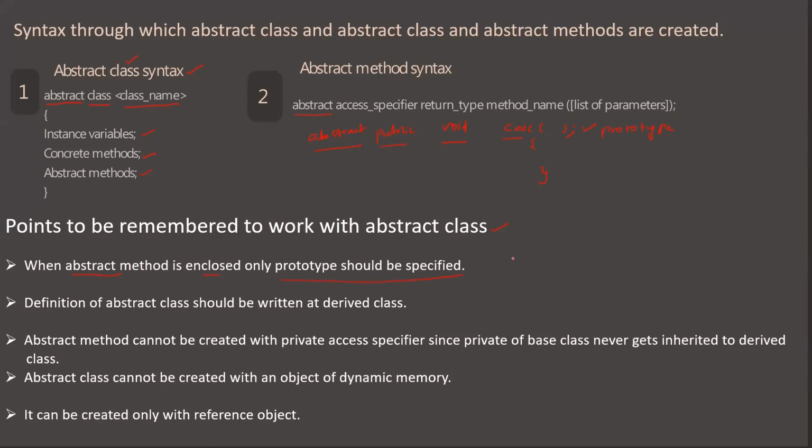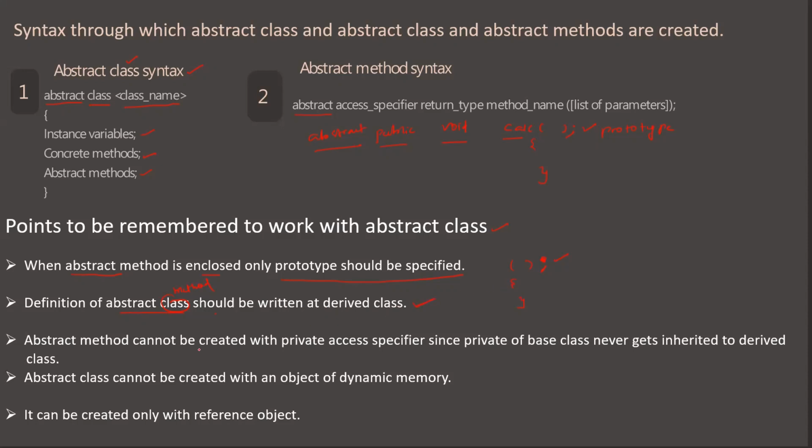As I said, you specify only the prototype, that is the function with a semicolon. Then what about its definition? The definition of that abstract method should be written in a derived class. So only the function prototype should be specified in the base class, that is the abstract class, whereas its definition should be given in a derived class.